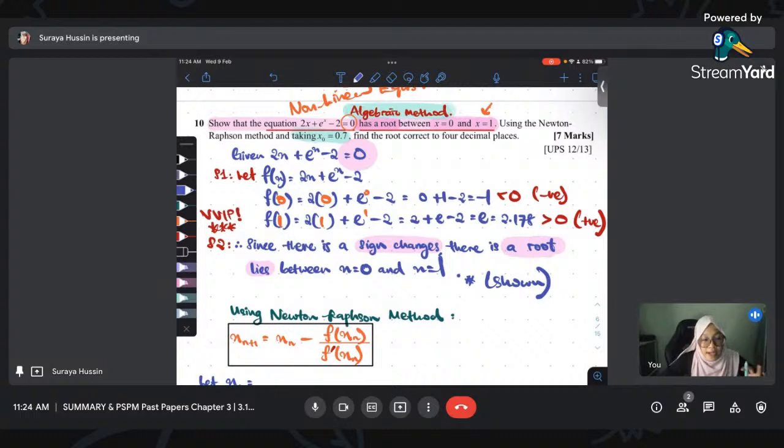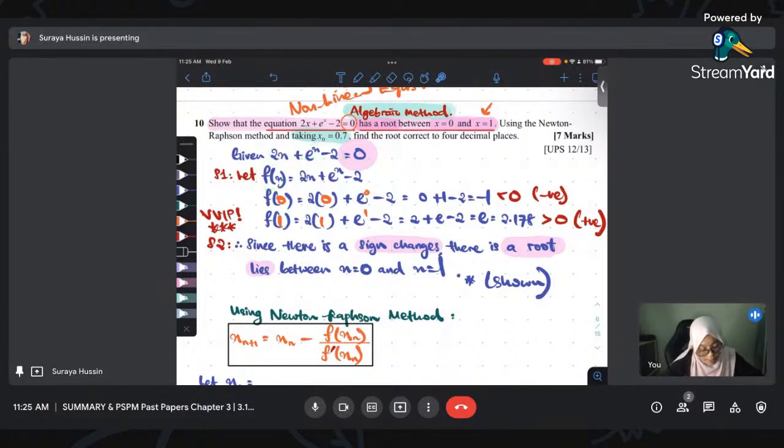Okay, untuk algebraic method sama sahaja. Step 1, make sure you let it. Let it from where? From the non-linear equations that you manage to get. Kalau soalan ni senang lah sebab dia yang bagi tahu. So it's easier. Sometimes dia bagi dua function yang separate and then you have to rearrange that by yourself sampai nampak equal to 0. Bila dah berjaya equal to 0, barulah boleh letkan dia kepada function f.